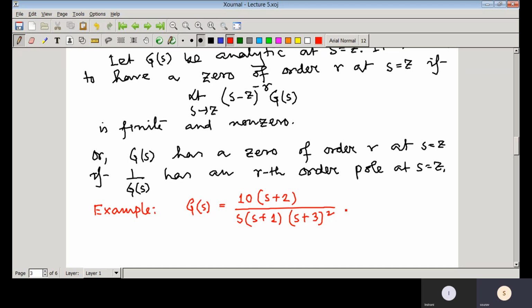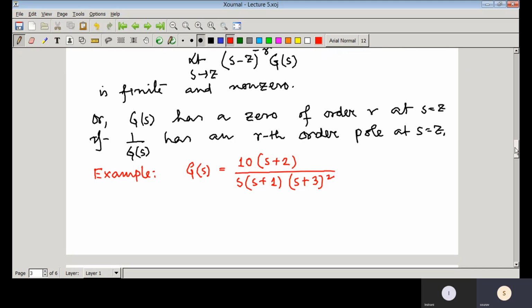In this case, you can easily see that the function has poles and zeros, and the easy way is to insert the values of s for which G(s) becomes 0, that gives you the zeros, and the values of s for which G(s) becomes infinite, it gives you the poles.